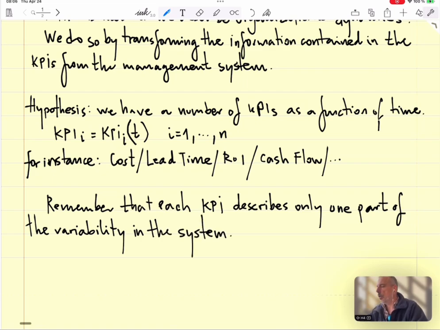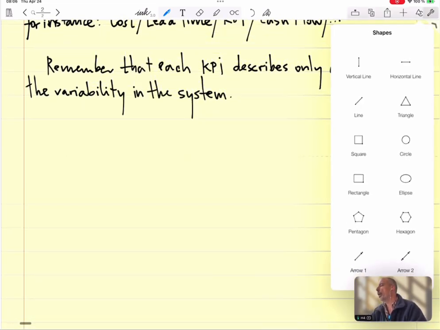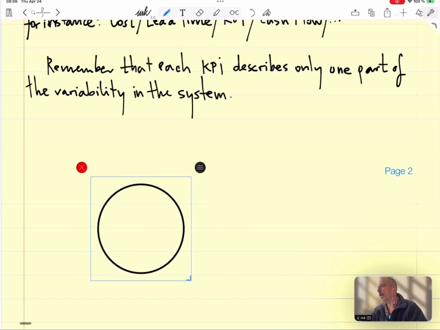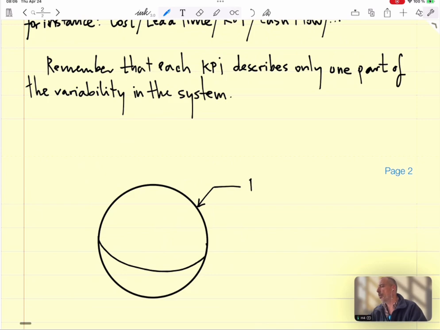So imagine your process or your factory or your department or whatever is like a little sphere, okay? This is the place you're trying to describe. This is your factory, your process. And now we have the controller looking at it.